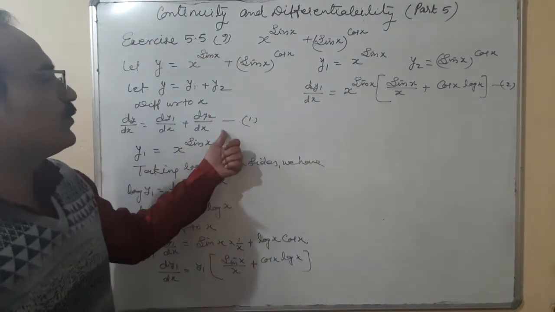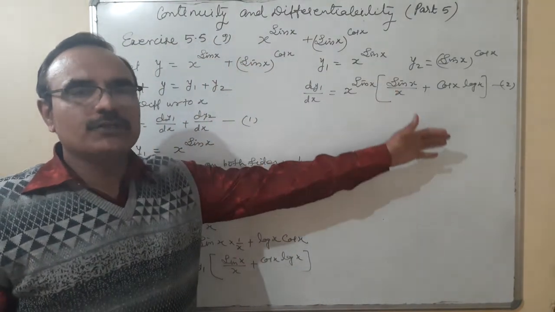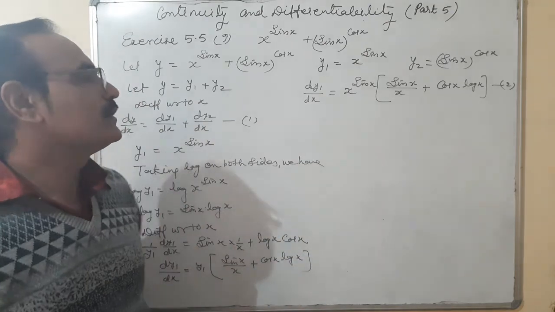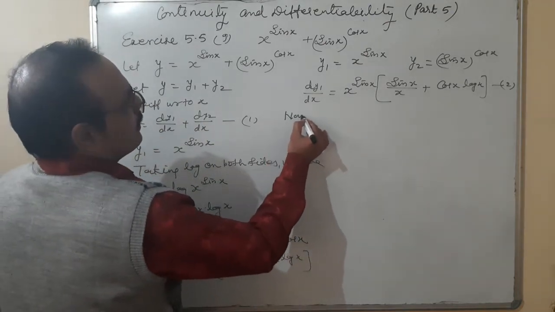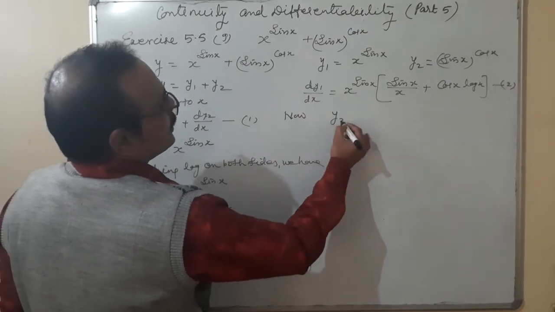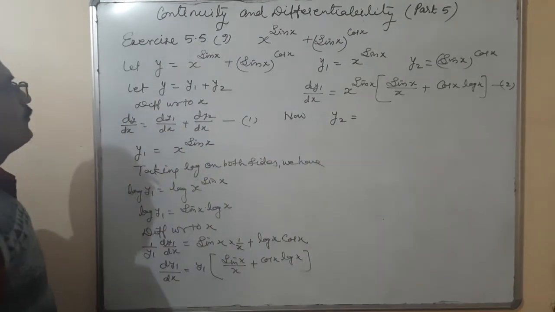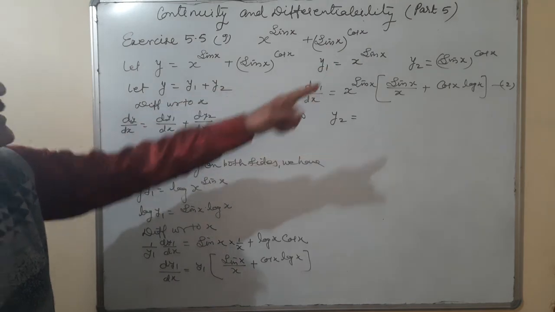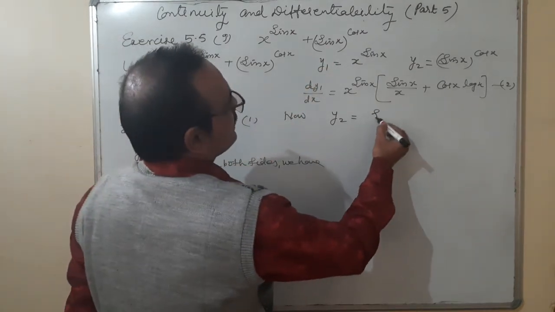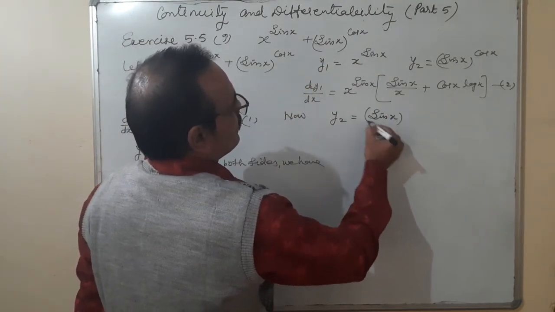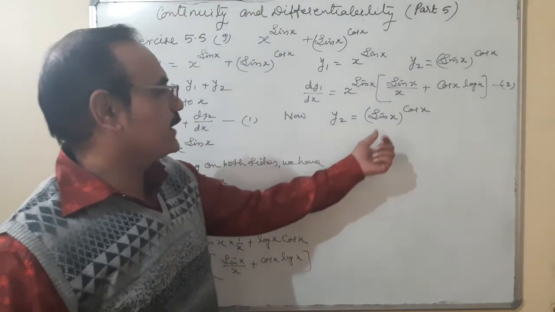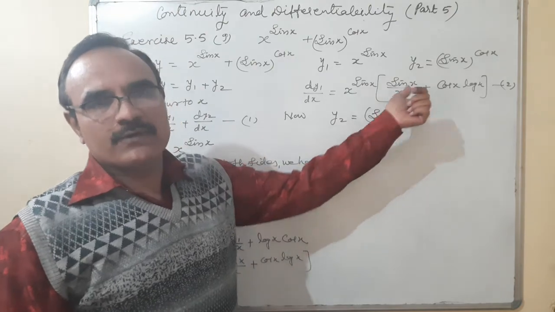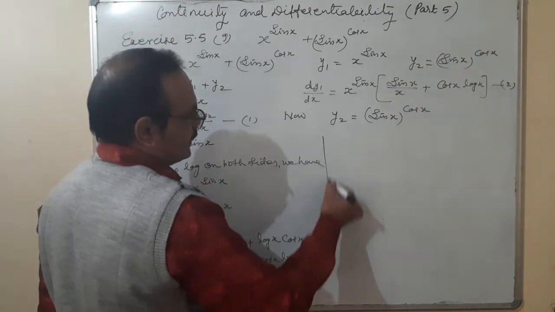It is equation number 1 because in this equation we are going to substitute the value from equation 2 and equation 3. Now this is y2. y2 is equal to sine x to the power cos x. What should be done here? Here also we have to take log on both sides, because the base is a variable as well as the exponent.